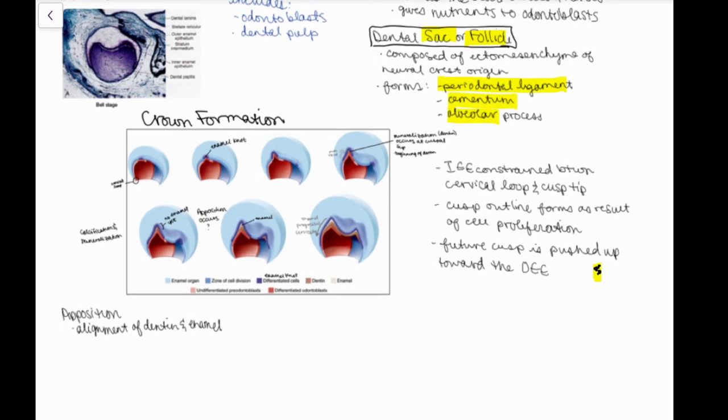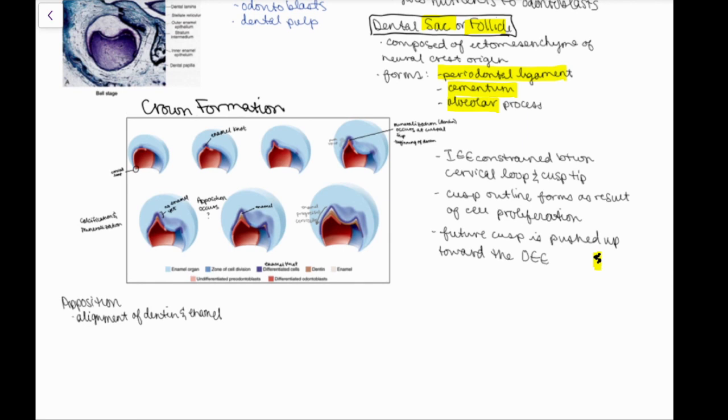So how does a crown form? The crown is formed with the help of the cusp tip or the enamel knot. And the enamel knot is a non-proliferating epithelial layer, it will start forming mineralization.